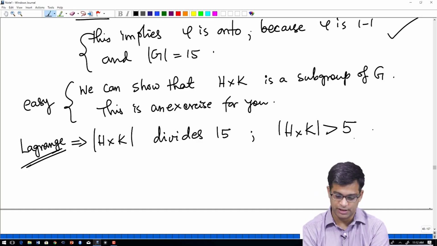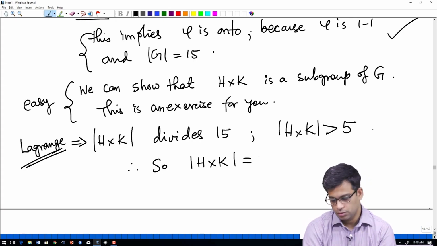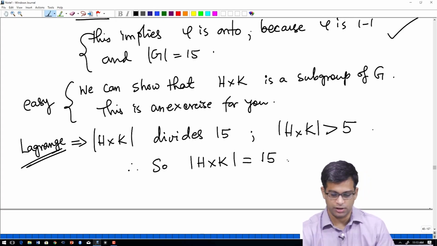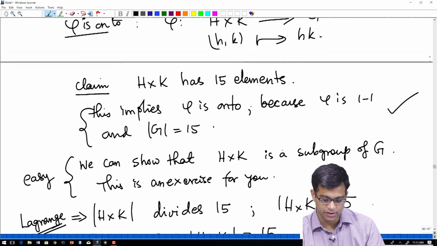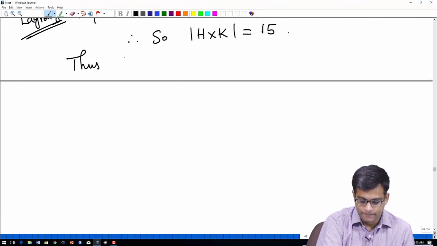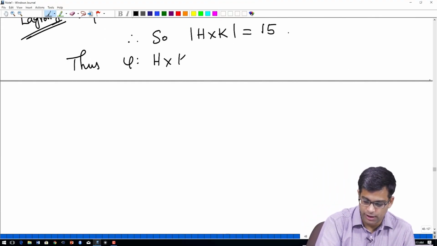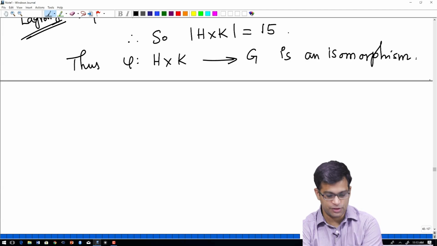So the only number that divides 15 and is bigger than 5 is 15. So that shows that H cross K has 15 elements, and thus phi from H cross K to G is an isomorphism.